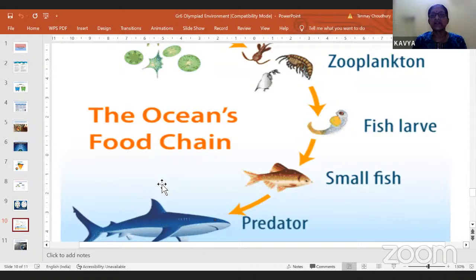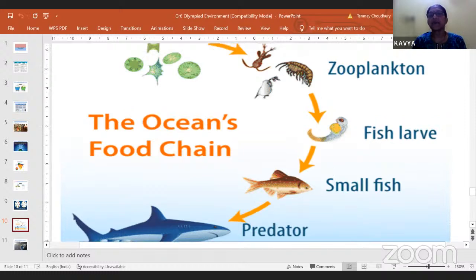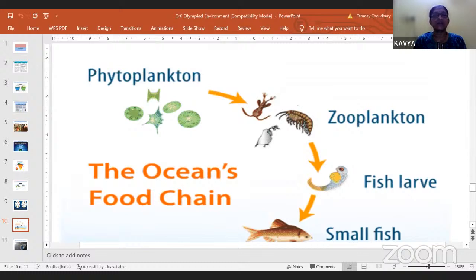Now, there is another term which is there in the question here, and that is known as plankton. Okay, so I'll just show you what plankton are. It is a new term, probably you'll learn. Planktons are microscopic organisms. They're very, very tiny, and you can see them only under the microscope. And they are present on the surface of the water.